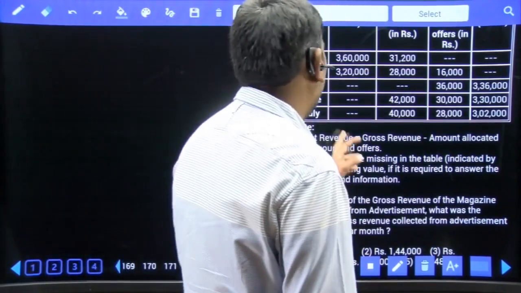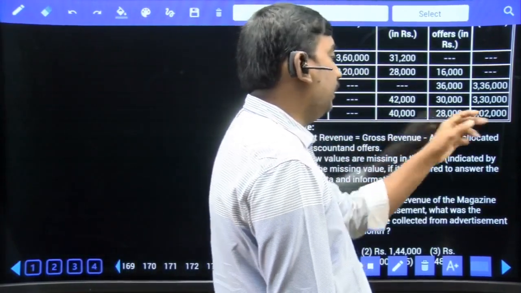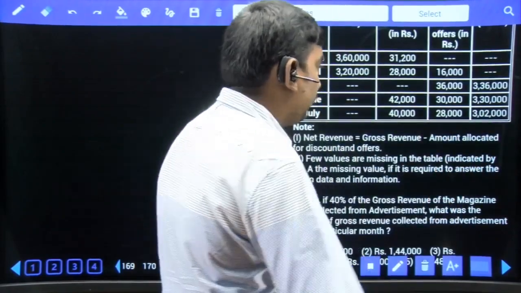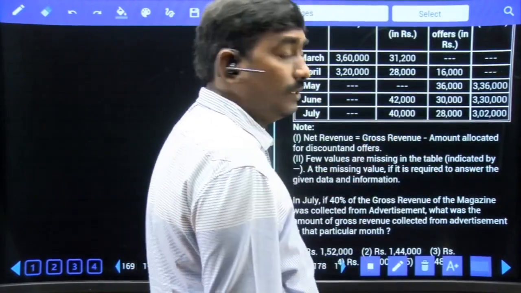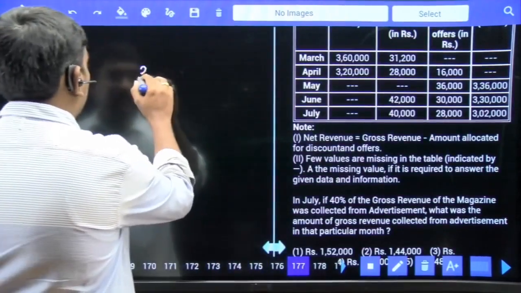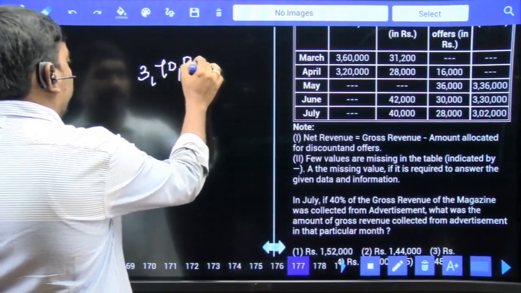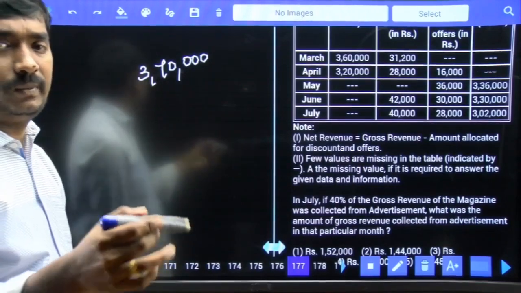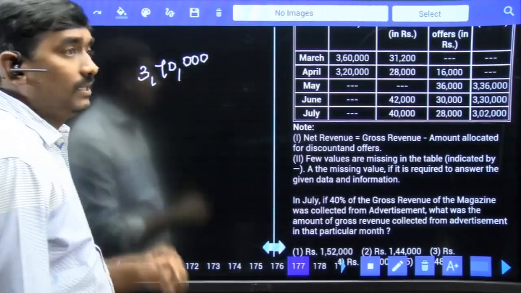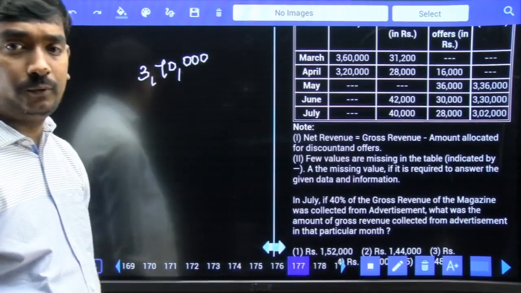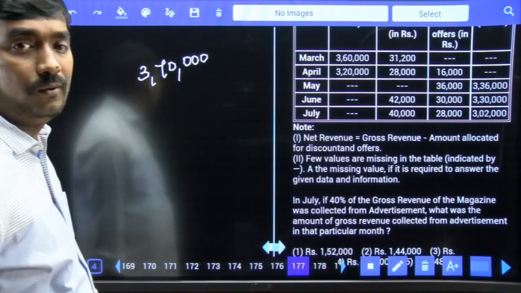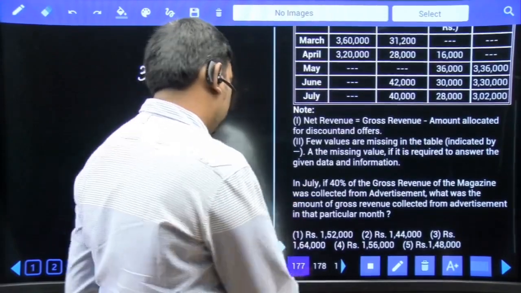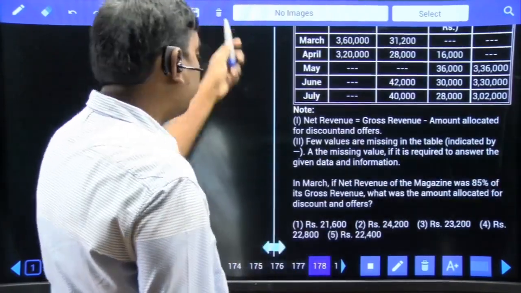So first of all, in July, gross revenue means all these three totals. 3 lakhs 2,000 plus 28,000, 3 lakhs 30,000 plus 40,000, 3 lakhs 70,000. So in this 3 lakhs 70,000, 40% value from advertisement. 40% means 10% double. 10% 37,000, double 74,000, again double 1,48,000. 1,48,000. Fifth option is your answer.